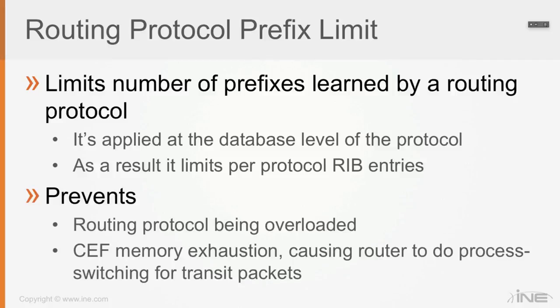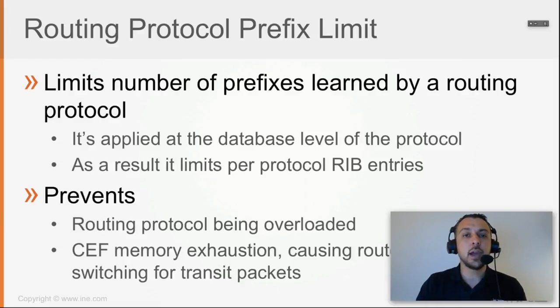It is to prevent a routing protocol from being overloaded. For example, IGPs like EIGRP, RIP or OSPF have not been designed to sustain hundreds of thousands of entries in the database.